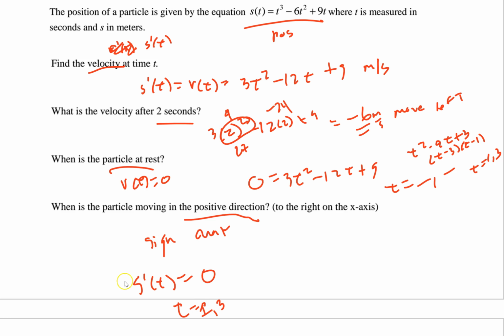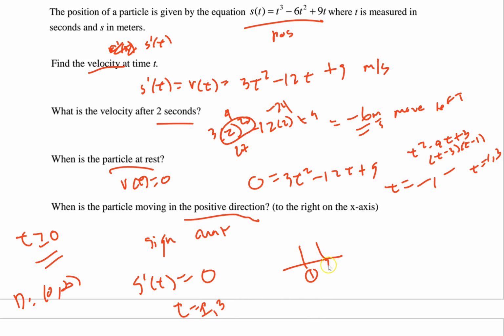Which, by the way, is something we haven't talked about yet: since we're dealing with time, it's always positive. It could also be 0, but time is always positive. You can't have negative time. I'm never going to ask you what's the velocity at negative 3 seconds. It doesn't make sense. So in this case our domain is always going to be 0 to infinity, because we're dealing with time. So I get 1, 3, and I make a sign chart.